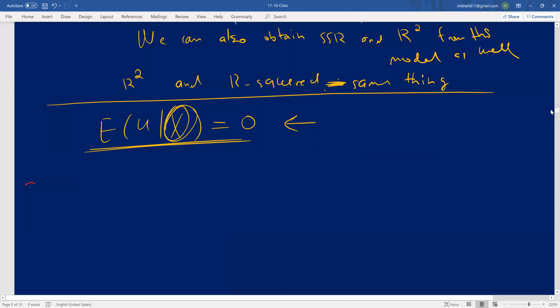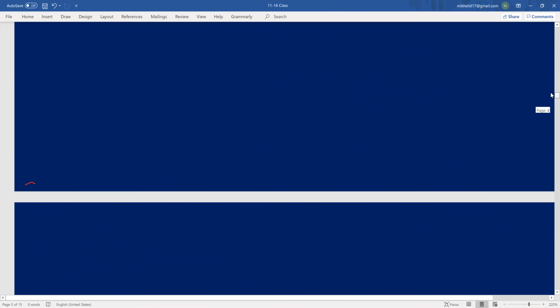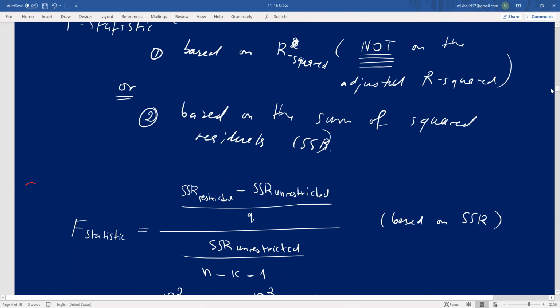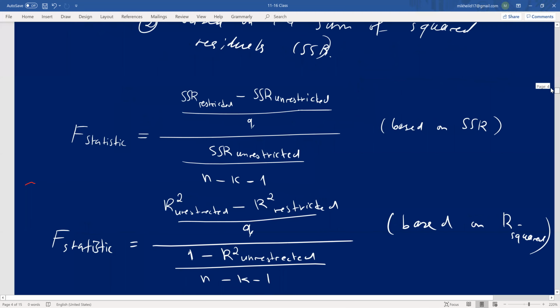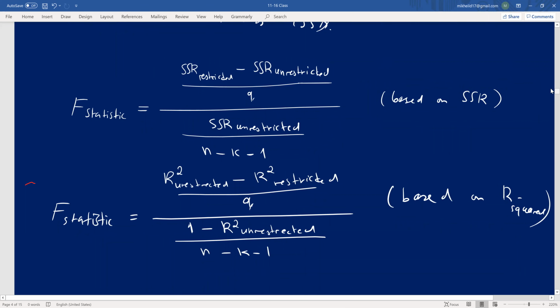Okay, so then in these expressions, guys, here we can obtain all these values, right? Do you agree with me? This Q and that Q are the same, and those are the number of restrictions.